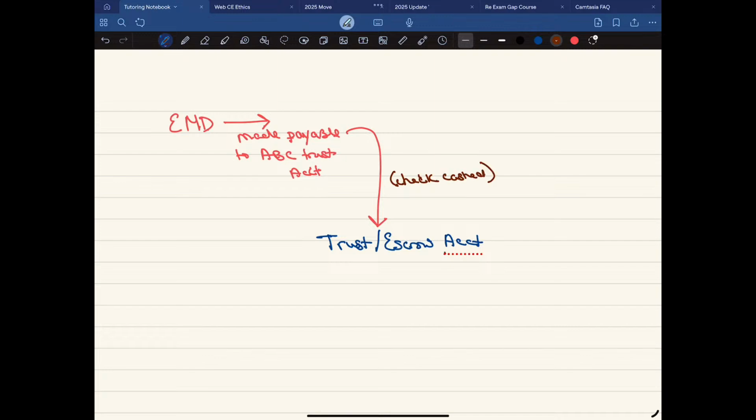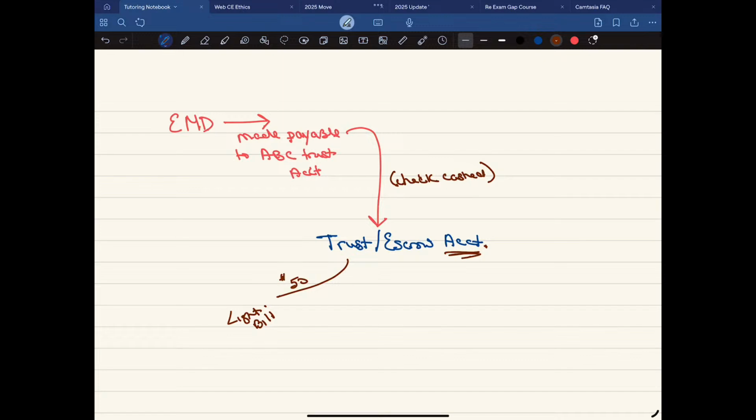Now that money is sitting in this account. It's just sitting there. In theory, it should come out when it goes back to the buyer, or if the buyer defaults, it would go to the seller. However, let's say that ABC was just $50 short on their light bill. The $50 could come out to pay the light bill, but that's stealing money. Right?